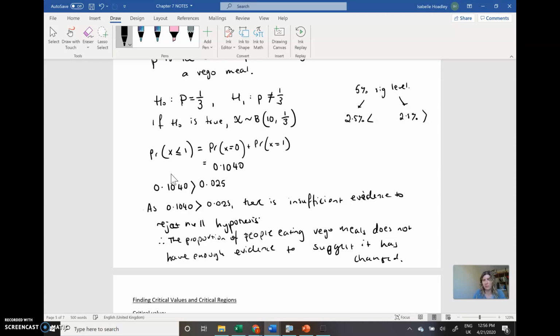Okay, or is different, or something along those lines. Okay, but all you just need is that conclusion at the end. We can't obviously say that the probability is exactly equal to a third. We just don't have enough evidence to say that it's not equal to a third, and that's what you're doing with all of the hypothesis testing that you do.